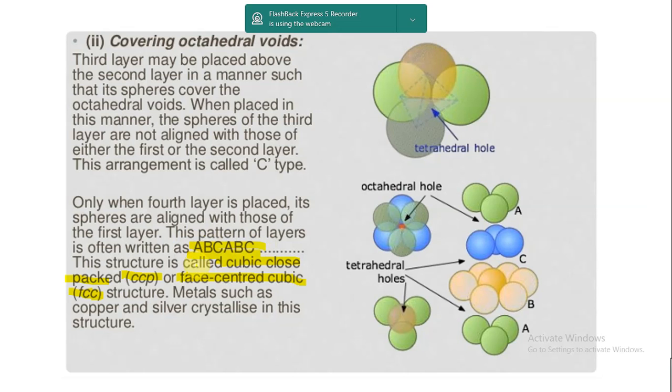ABC type. It means all 3 layers are different, and only the fourth layer is getting repeated. The examples of them are copper and silver. You have to remember that copper and silver are examples of the face centered FCC or cubic close packing structure having an ABC kind of arrangement.